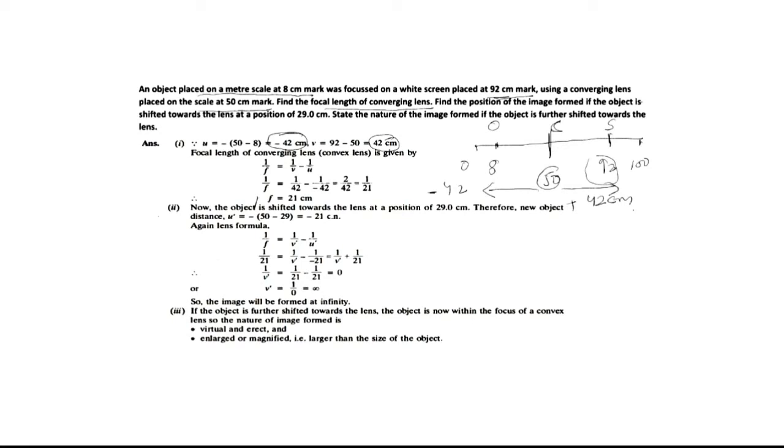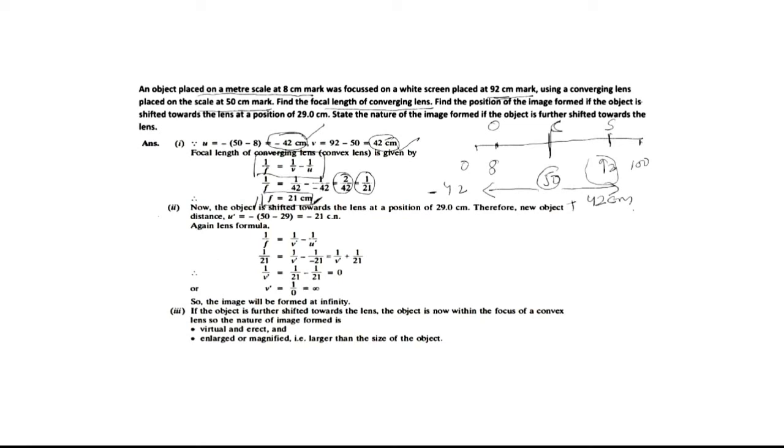So applying lens formula, 1 upon f is equal to 1 upon v minus 1 upon u, put the values. v is equal to 42 centimeter and u is equal to minus 42 centimeter. It becomes 2 upon 42 centimeter or 1 upon 21. So by taking reciprocal, we have f is equal to 21 centimeter.